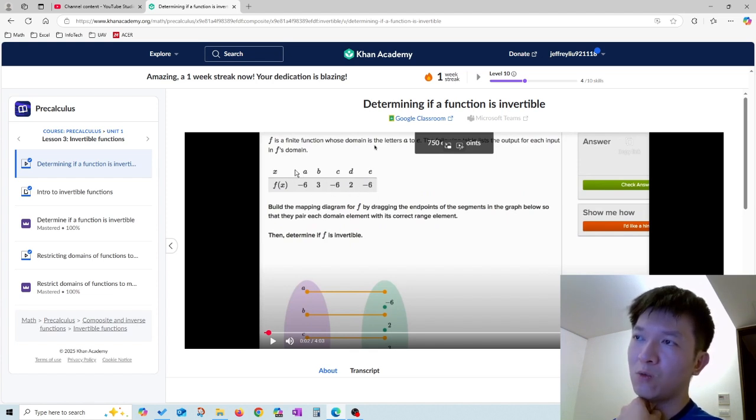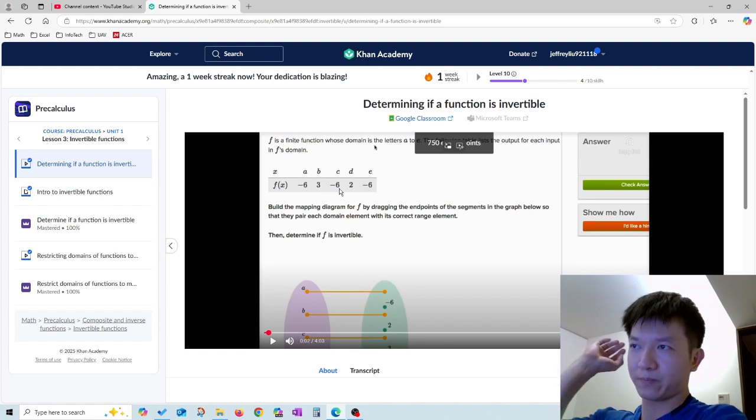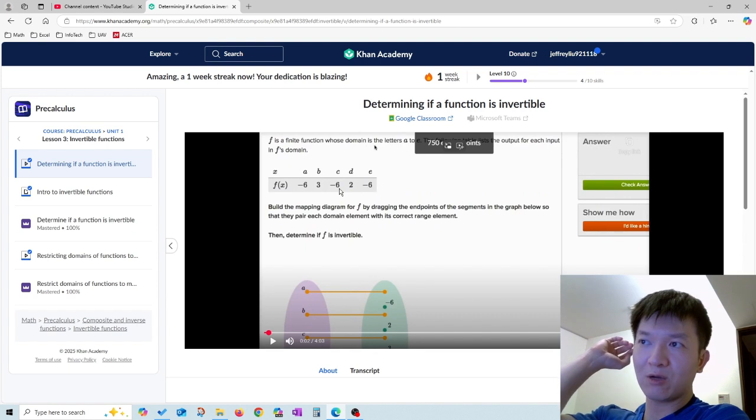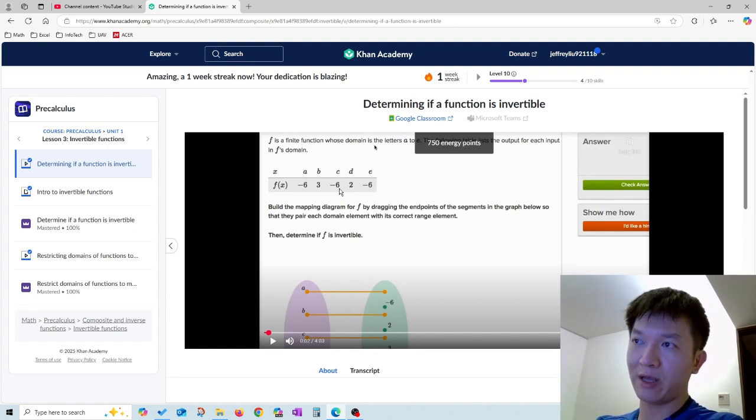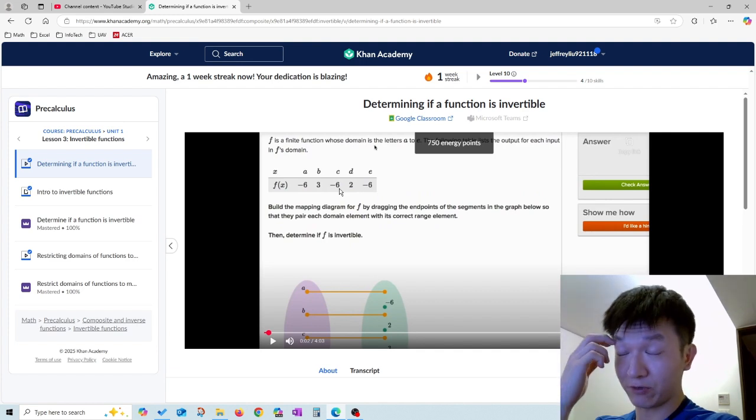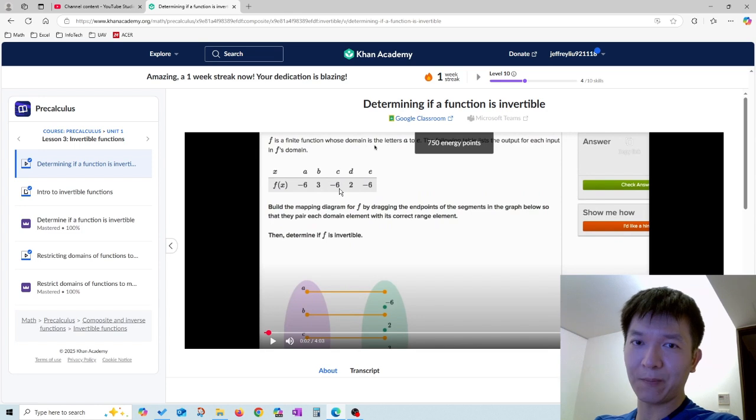So one x is pointing to many y's now. That, in fact, is not the definition of a function, okay? So if you invert it, it cannot be a function.